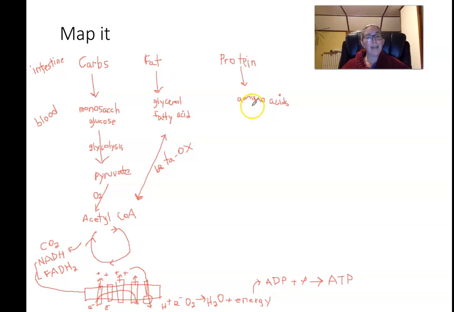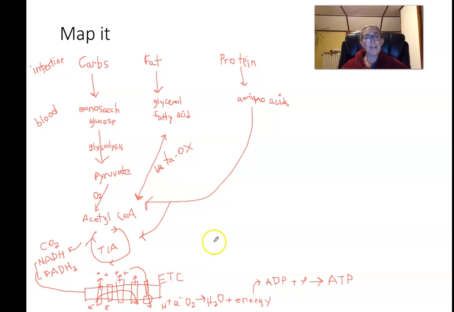And amino acids can also be converted into acetyl-CoA, or they could be converted into different components of the citric acid cycle. I'm going to just label this TCA. It could also be called the Krebs cycle or the citric acid cycle. And down here, what I've drawn is the electron transport chain, which is often abbreviated ETC.